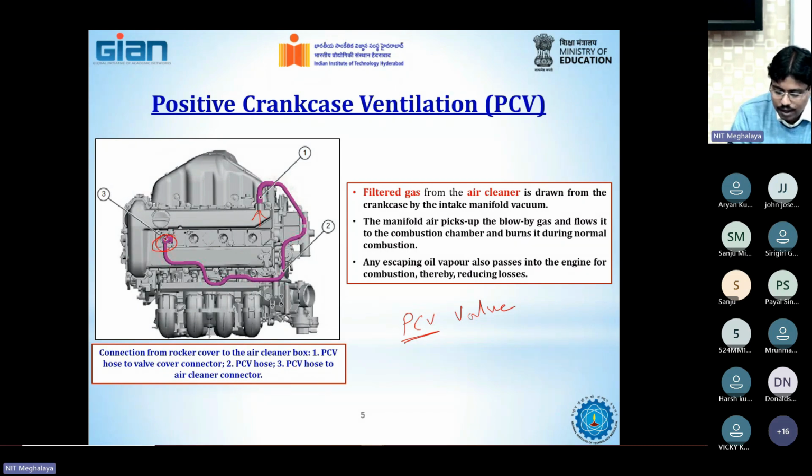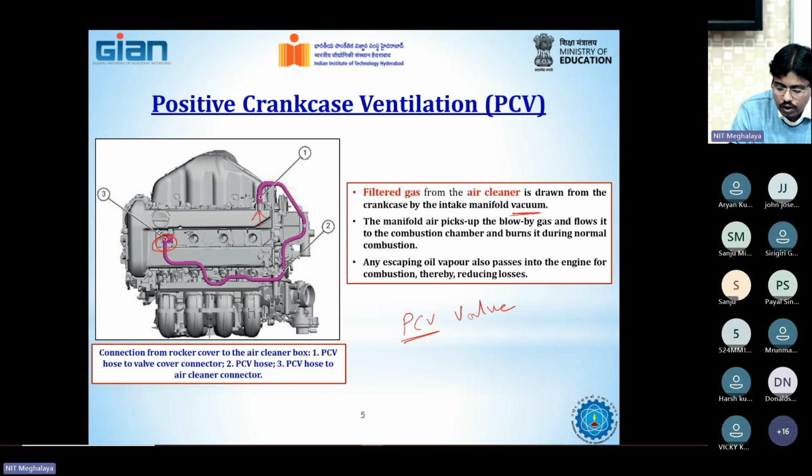Now, why the intake manifold? Because we know that when a particular engine runs, vacuum is created in the intake manifold. Because of the suction stroke, a low pressure environment is created in the intake manifold, that is the vacuum.